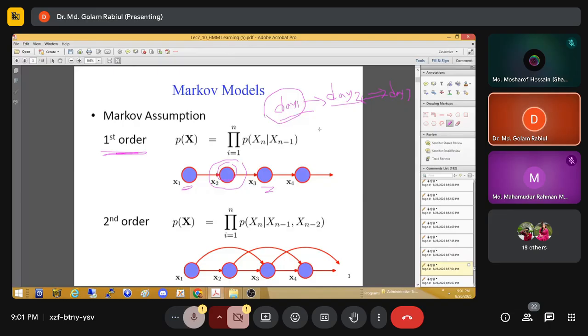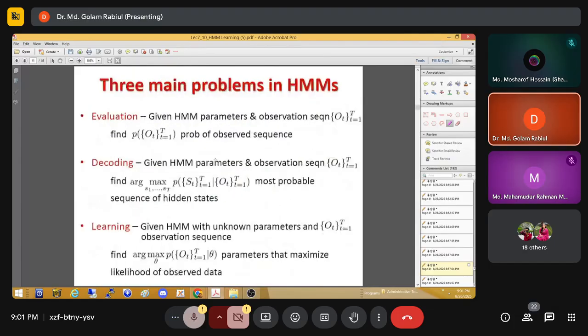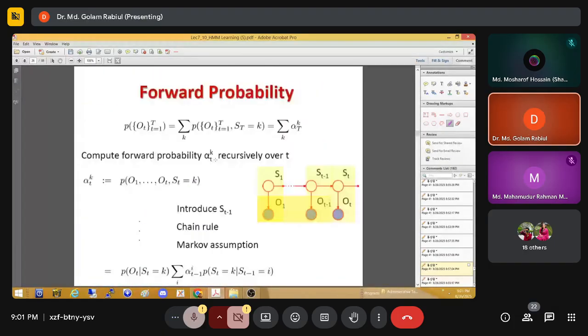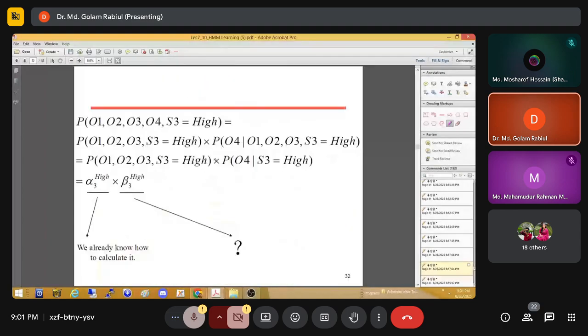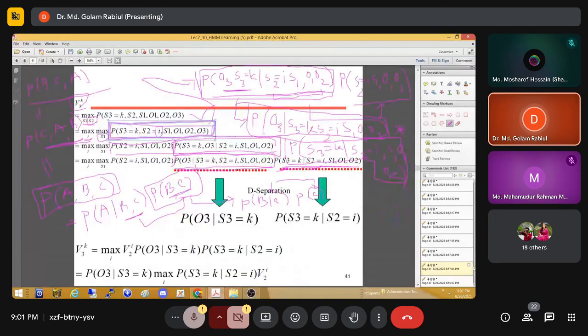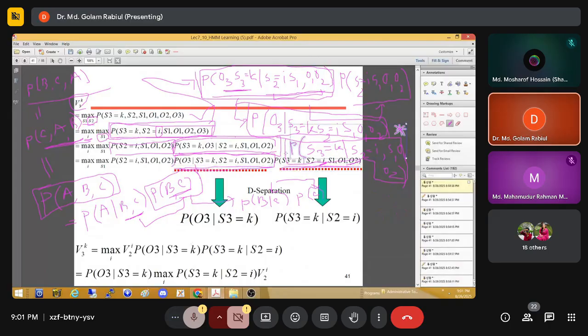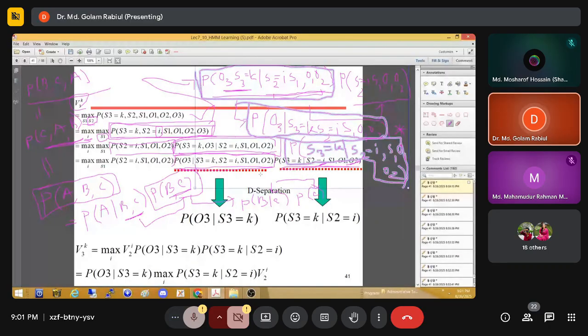So this is called the first order Markov assumption. Utilizing the first order Markov assumption, state 3 will only depend on state 2, not on other states. So that's why we can write it like this.